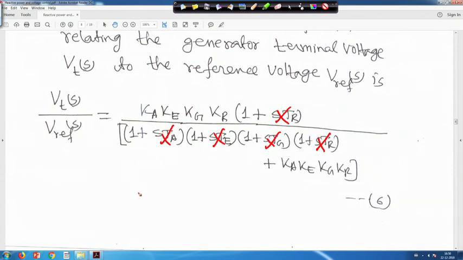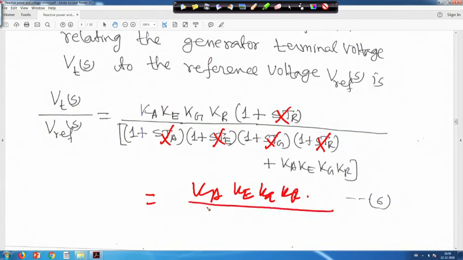So, this is actually your Ka, then Ke, then Kg, then Kr, divided by, with S equal to 0, 1 plus Ka, Ke, Kg, Kr. So, it is Ka, Ke, Kg, Kr divided by 1 plus Ka, Ke, Kg and Kr.